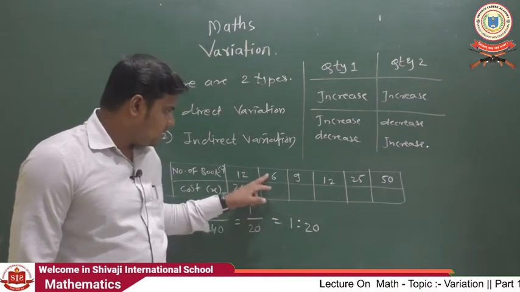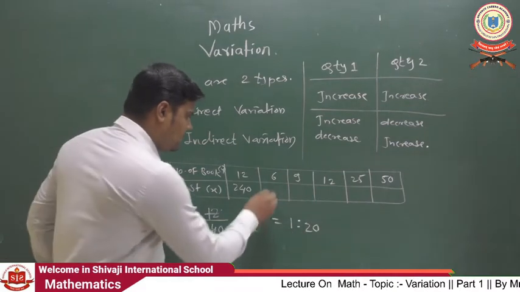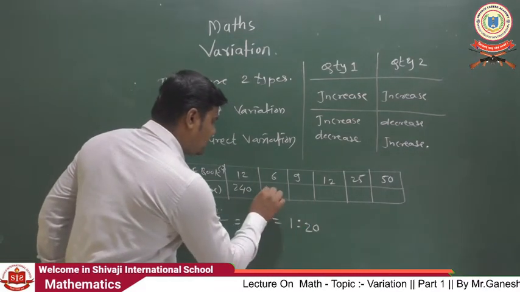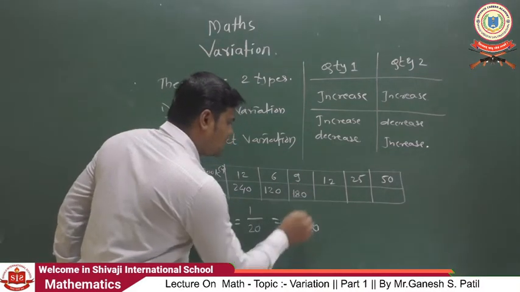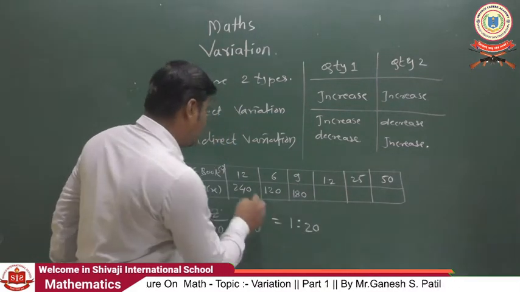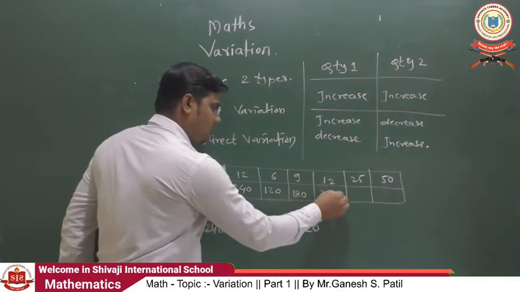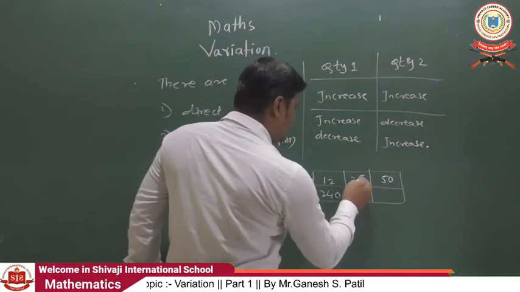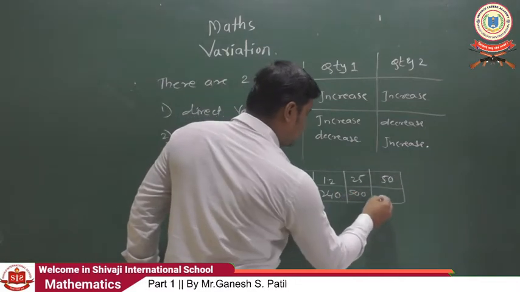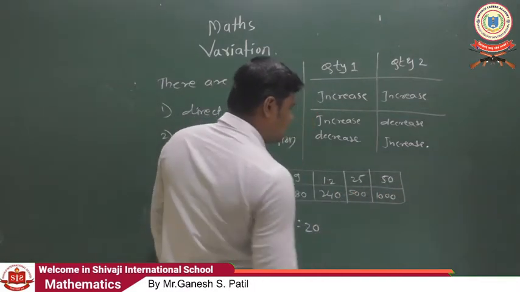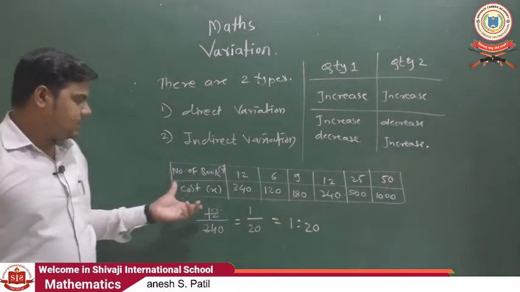That's why 6 into 20, means 120. 9 twos are 18, 0, so 180. 12 is already given, 240. And 25 is 500 and 50 is 1000 rupees. Okay, this is the table.